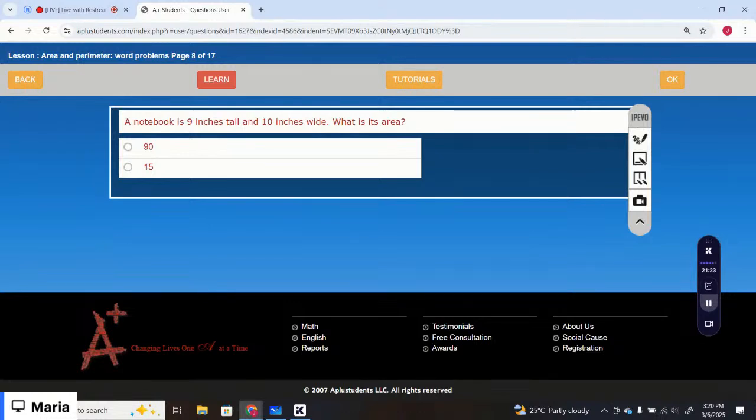A notebook is 9 inches tall and 10 inches wide. What is its area?